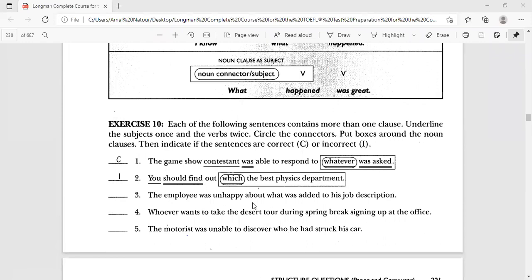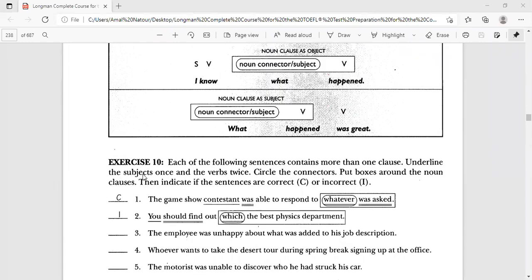Let me answer this exercise. The first two I'm going to answer, and the rest we are going to answer together. The game show contestant was able to respond to whatever was asked. The game show contestant, all of this is the subject.